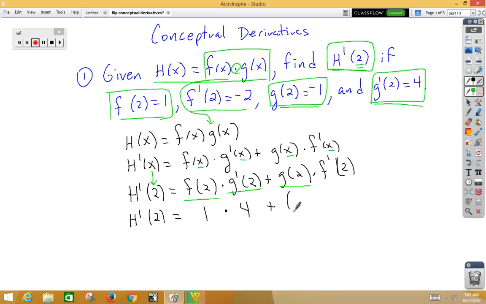So let's replace that with a negative 1 multiplied by f prime of 2, and f prime of 2 is negative 2. Well, now it's just simple arithmetic. We have h prime of 2 is equal to 4 plus negative 1 times negative 2, which would be positive 2, giving us a value of 6.